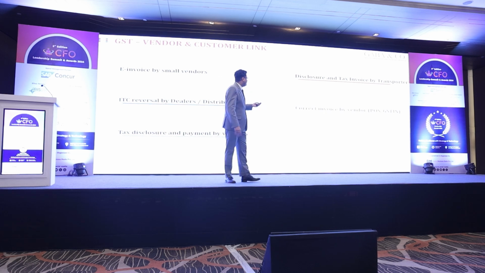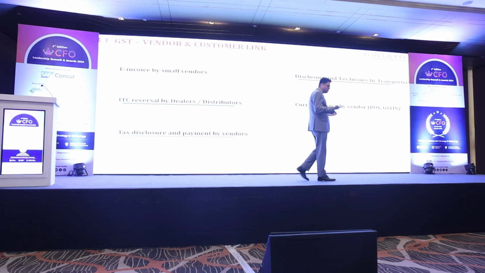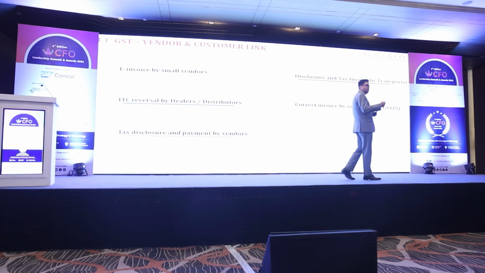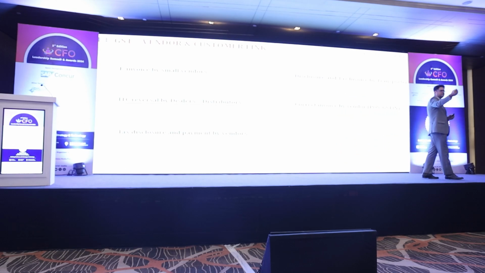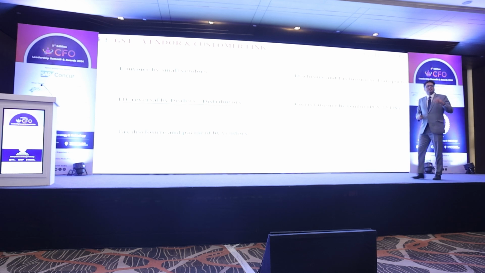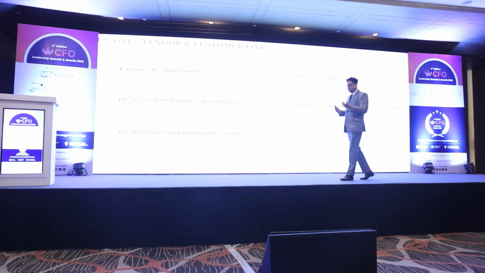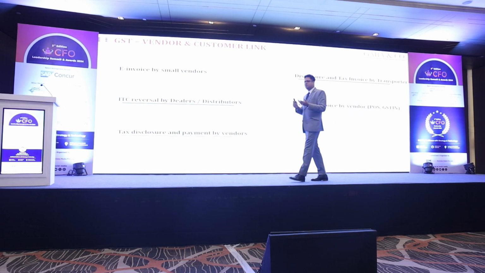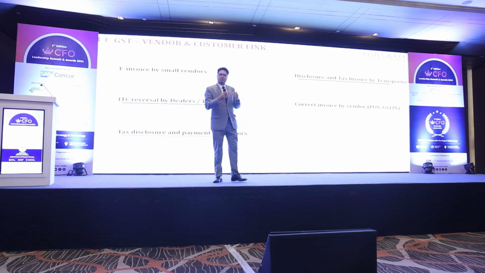Then the fifth point is correct invoices issued by vendors. We are facing so much litigation where your vendors are issuing invoices on some other GSTN and sending goods on some other GSTN. They are mentioning a different place of supply, and suppose you have purchased goods from Delhi to Gurgaon, they have issued the invoice properly, e-way bill, you have got the goods.